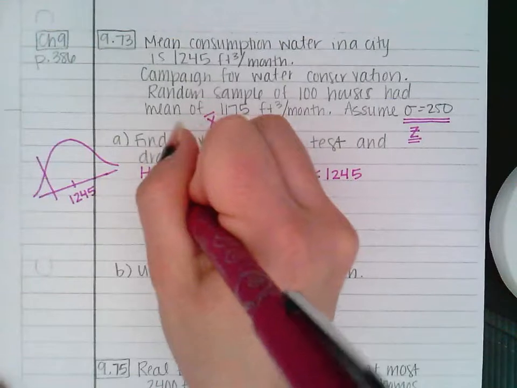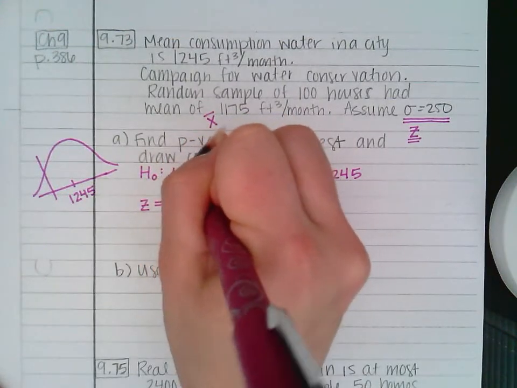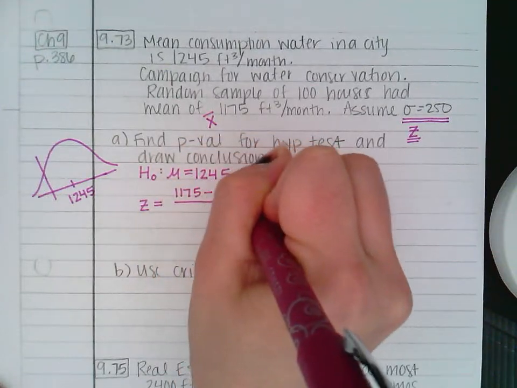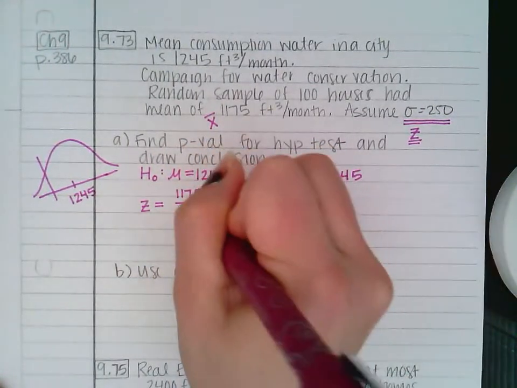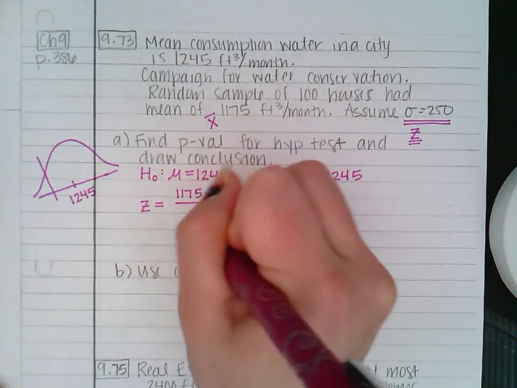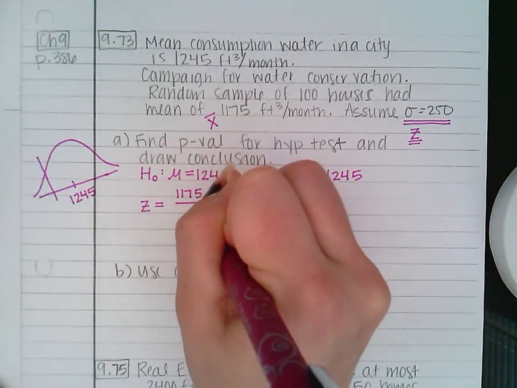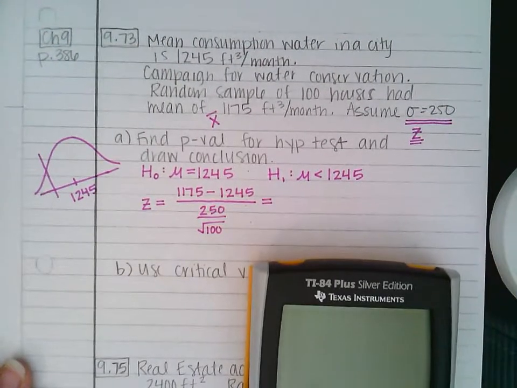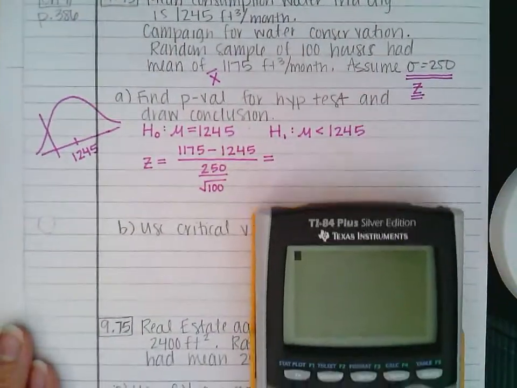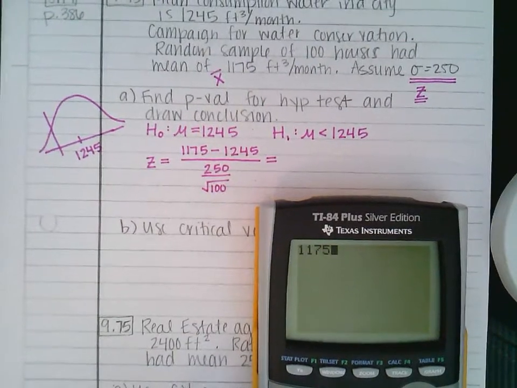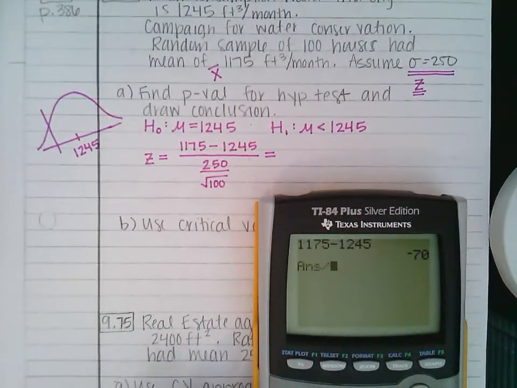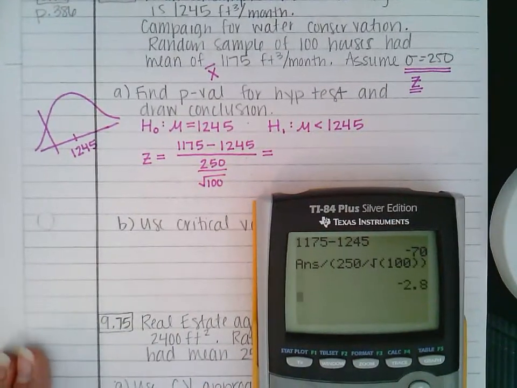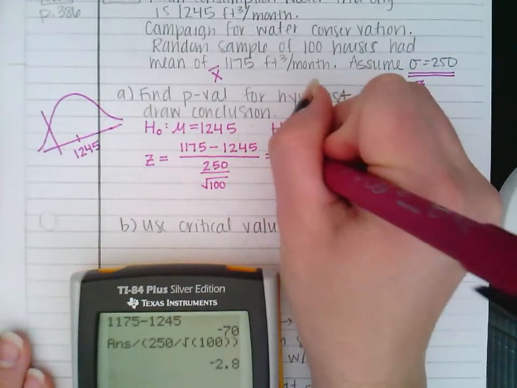So Z is equal to 1175 minus 1245 all over the population standard deviation over the square root of n. If you plug this into your calculator, okay, you get negative 2.8.